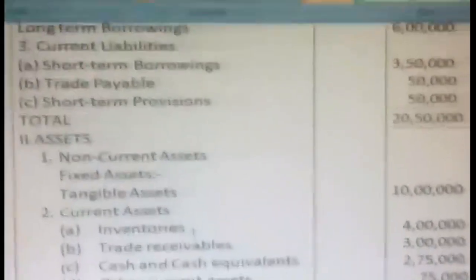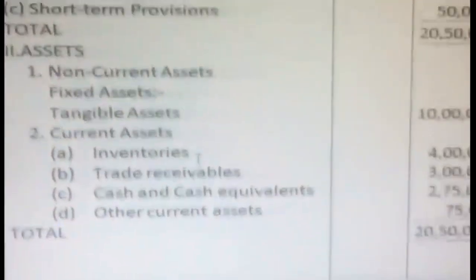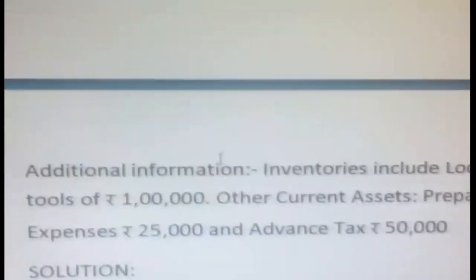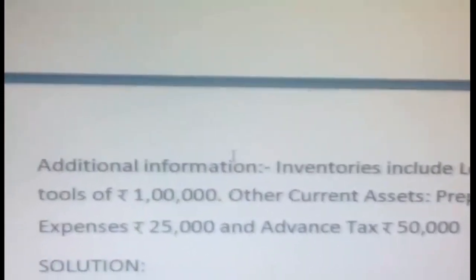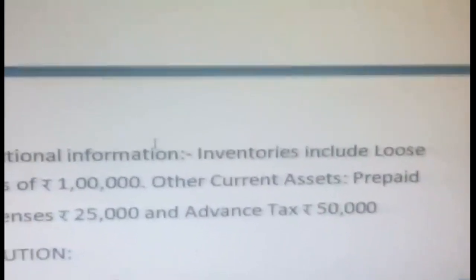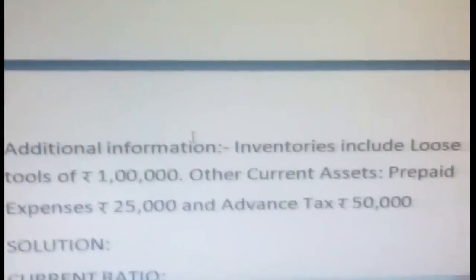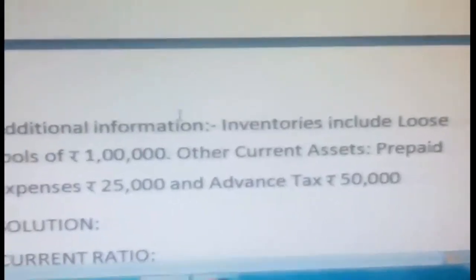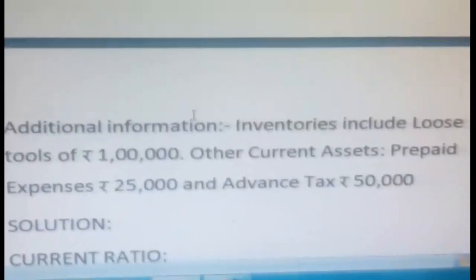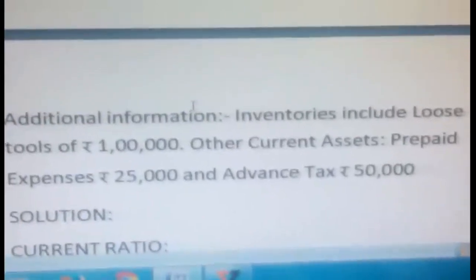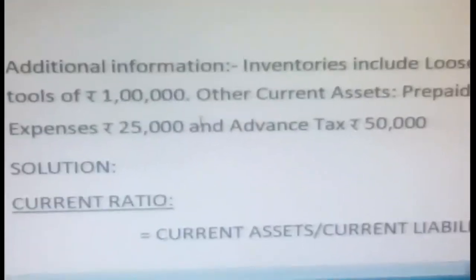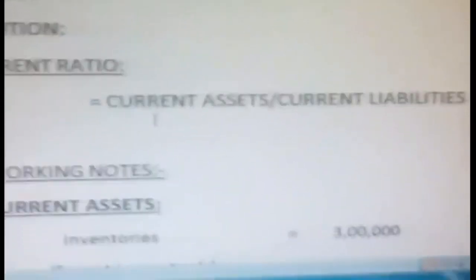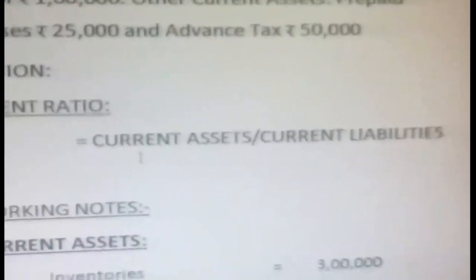This is the balance sheet given. From it, how are you going to do the liquidity problem? The additional information given is that inventories include loose tools of 1 lakh. Other current assets are prepaid expenses 25,000 and advance tax 50,000. Now, how to do the current ratio? First of all, you always have to mention the formula.